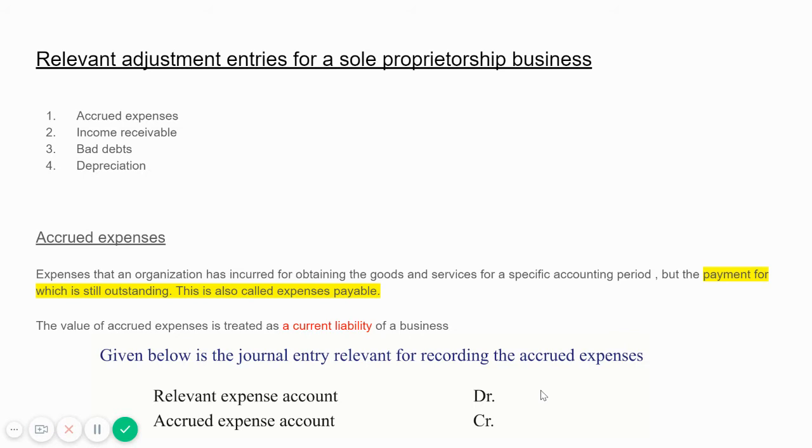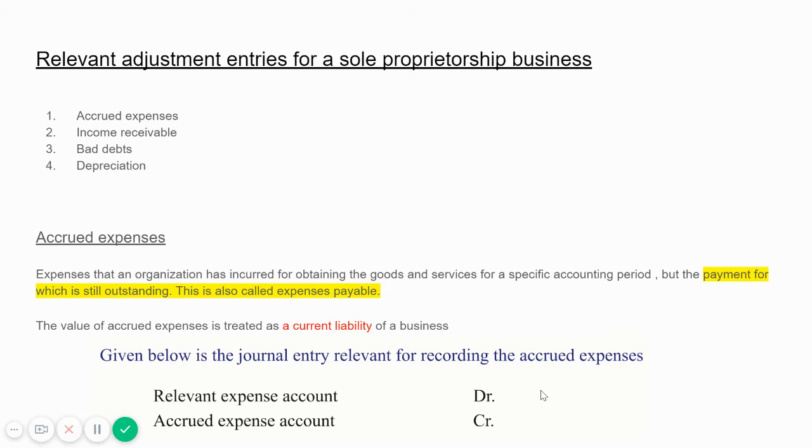As I have told you earlier, some examples for accrued expenses will be the payment of electricity bill for the last month or the last few months, the interest payable on a bank loan that you have obtained, rent expense, insurance expense payable. All these are examples for accrued expenses.